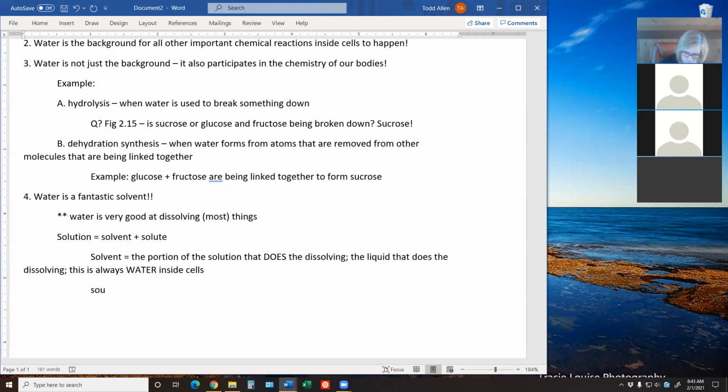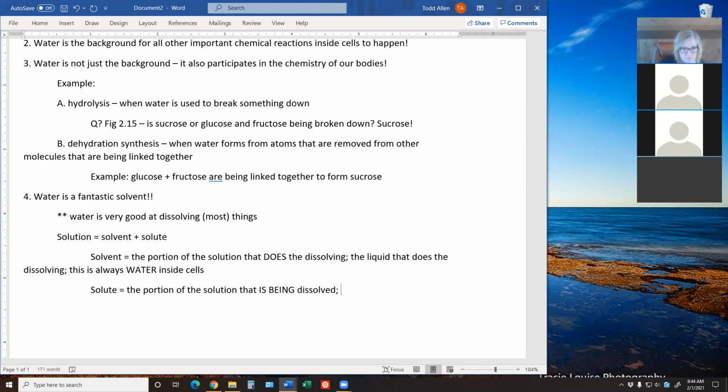A solute is the portion of the solution that is being dissolved. Okay, it is the portion of the solution that's being dissolved.